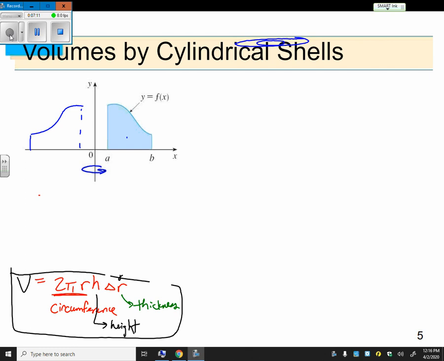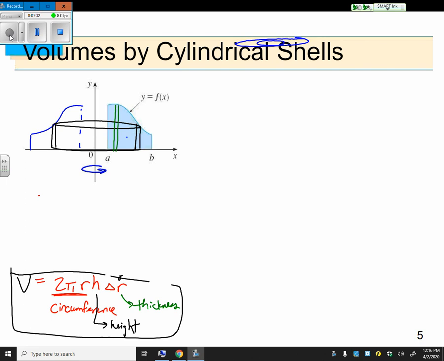Instead of doing those washers like that, what I'm going to do is find an approximating strip on each one, and I'm going to put in these rolls of toilet paper. Okay? And so I get these cylinders on there. And the thing is, there's tons of cylinders. I could have easily drawn it here.